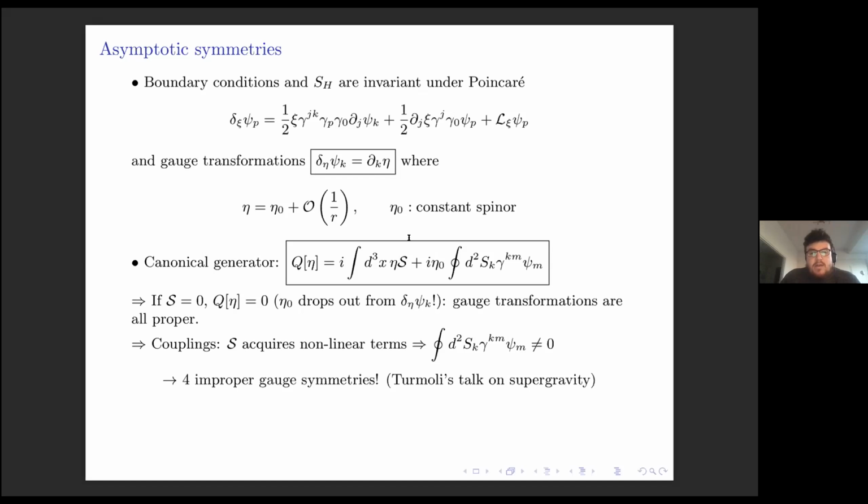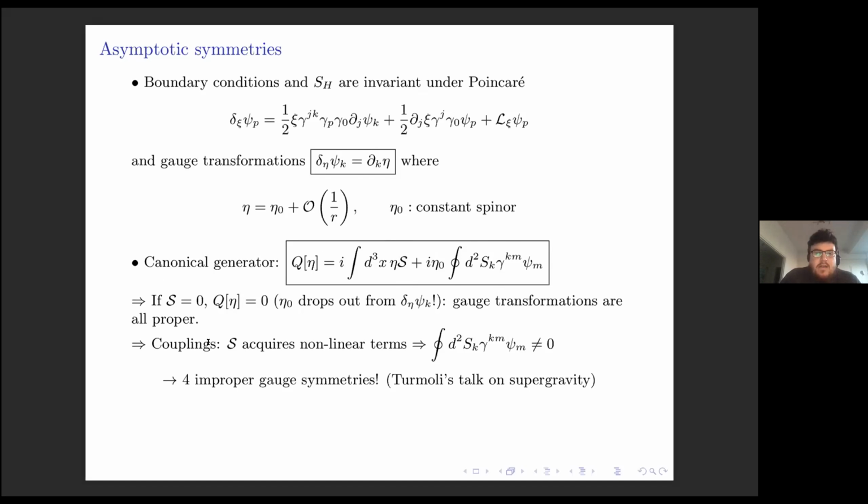We can find a bulk term and a surface integral here. On the constraint surface, we find that the canonical charge vanishes. And this is because if we replace the parameter in the transformation law for the spinor, we see that it does not appear. So the gauge transformations are all proper.